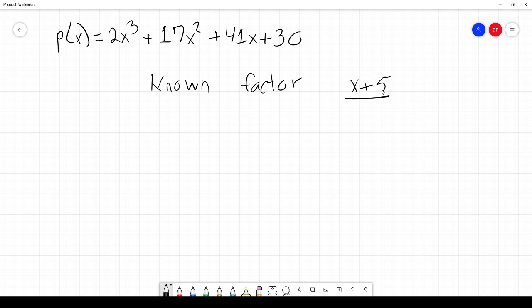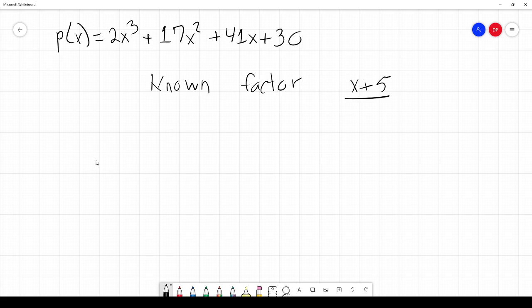Alright, so we know x plus 5 is a factor. Okay, so just a bit of review here. If x plus 5 is a factor, that means that we know a 0 would be negative 5.